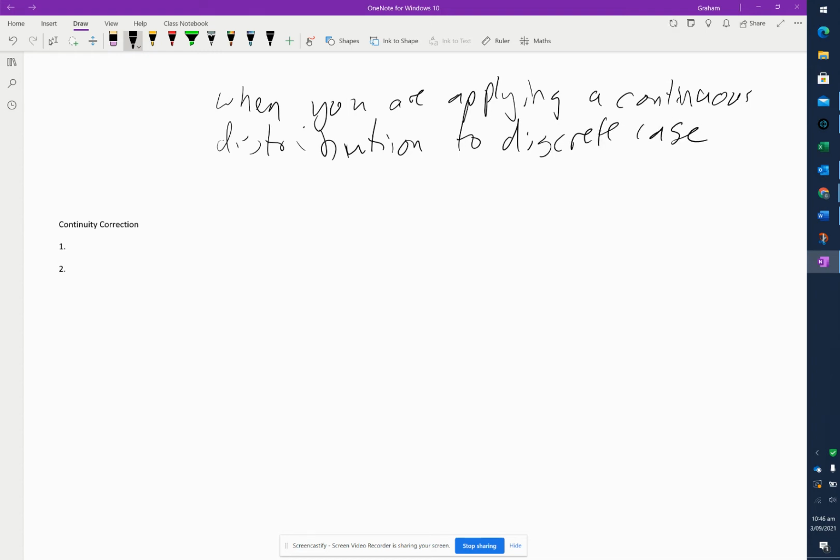So our continuous distributions are normal, uniform, and triangular. They can ask you to do a continuity correction for any one of those. It's more likely to be for the normal, however, okay? Theoretically, it could be any of them.